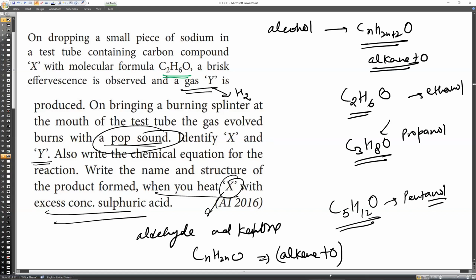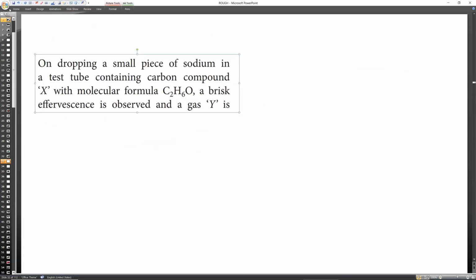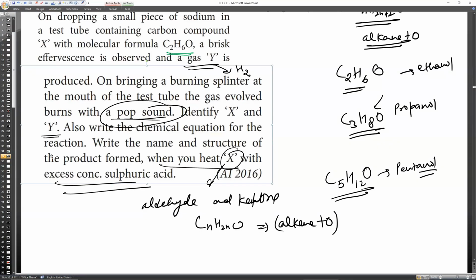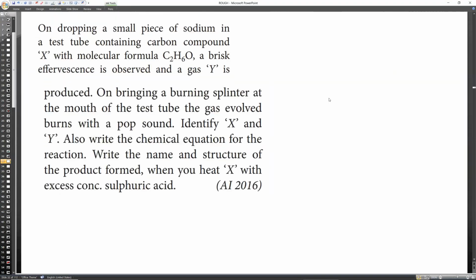Okay, let's do this one. The next one. Now it is saying that this is ethanol, because it is a 2 carbon alcohol and its general formula is alkane plus O. So this is alcohol and it is C2H5OH.